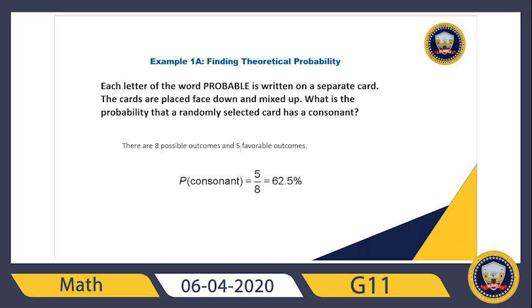So I have 5 favorable outcomes, the consonants, while the total sample space is 8 letters. So the probability of this event, which is having a consonant, is 5 over 8, which is 62.5%, which is less than 100% or less than 1. This is how we find the probability. We take the favorable outcomes over the total sample space.